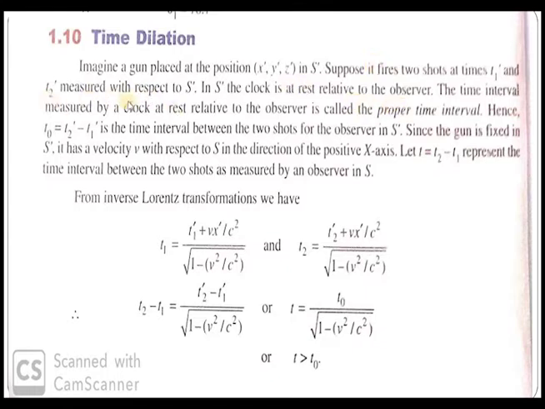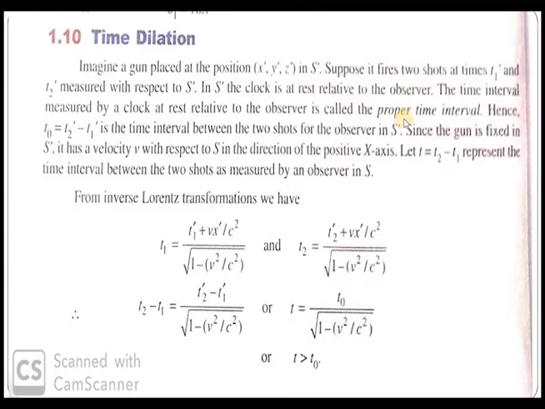So the time interval measured by the clock at rest relative to the observer is the proper time interval. We discussed the proper length in the last class while discussing length contraction.